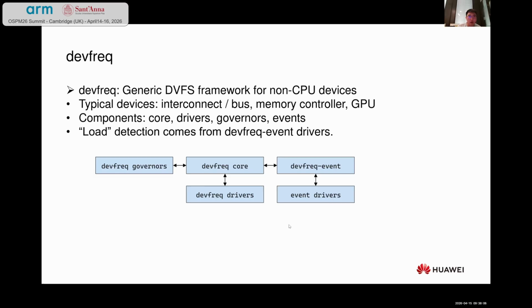Okay, from the subsystem software framework point of view, it consists of maybe 5 major parts. The Devfreq core part manages the common process of the Devfreq, and Devfreq has a similar design to the cpufreq.